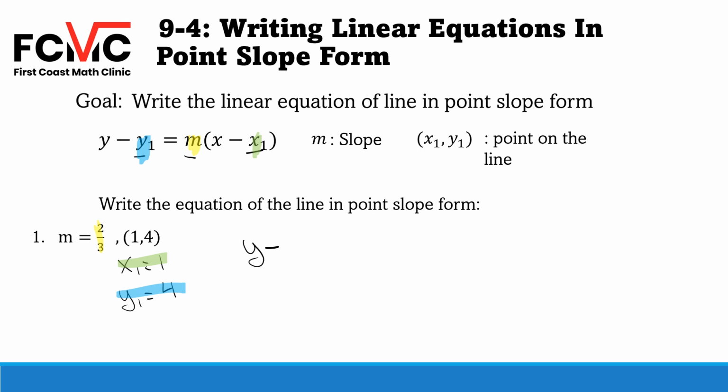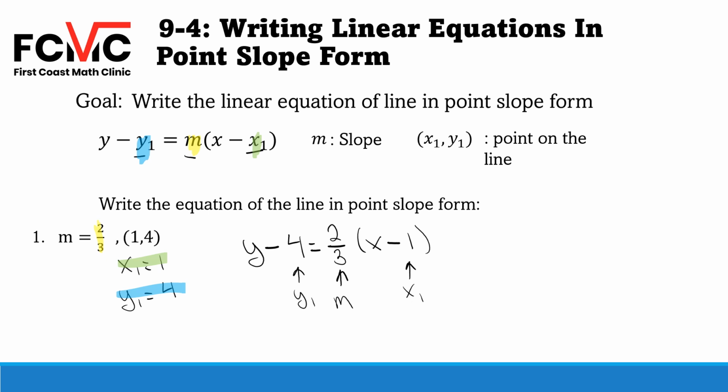Y minus y1, which is 4, equals m, which is 2/3, times x minus x1, which is 1. And that's it. So that's our m, that's our x1, that's our y1.